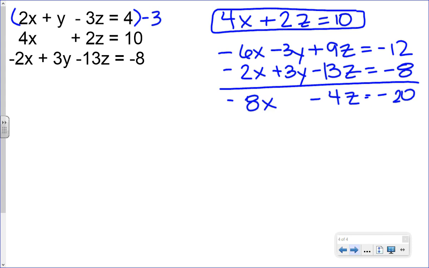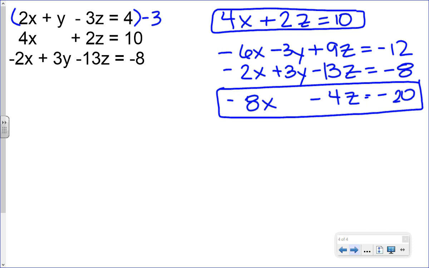Okay. So here are our two equations. What are you noticing?